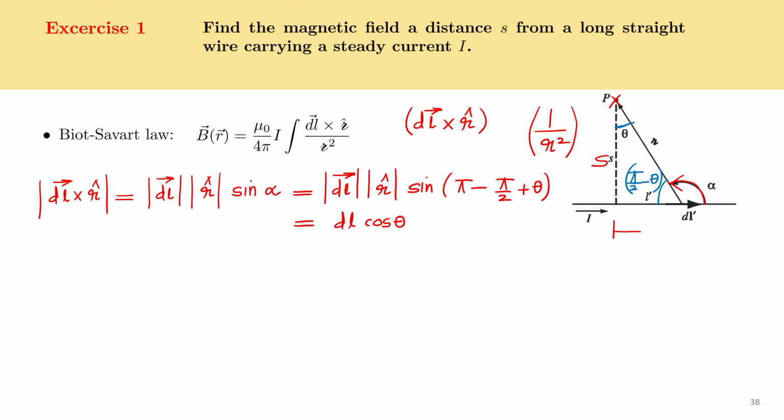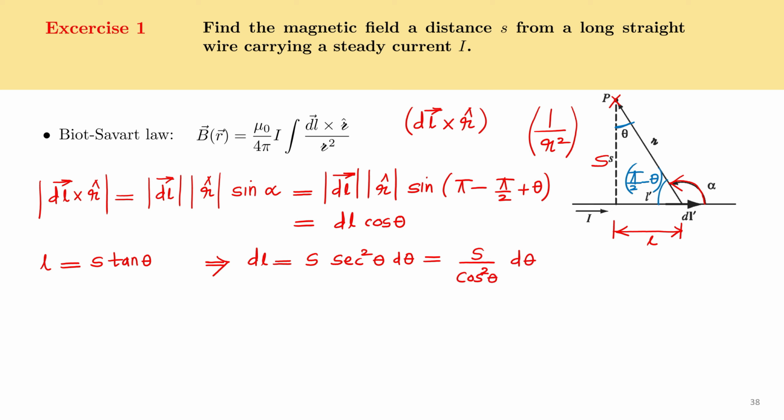So let us take this distance as L. In that case, we'll have L as s tan theta, from where we get dl equal to s sec square theta d theta, which is s over cos square theta d theta. We'll take this as equation number 1 and dl as equation number 2. With 1 and 2 we can calculate dl cross r.